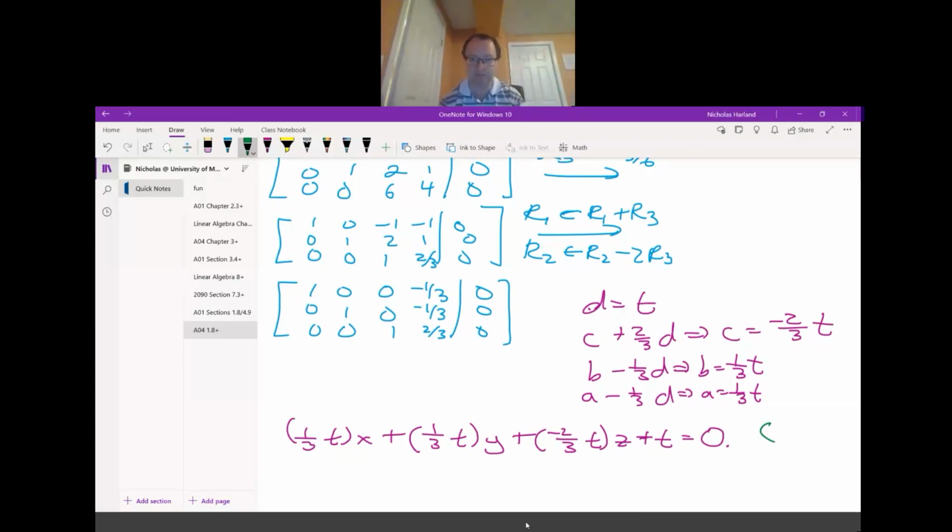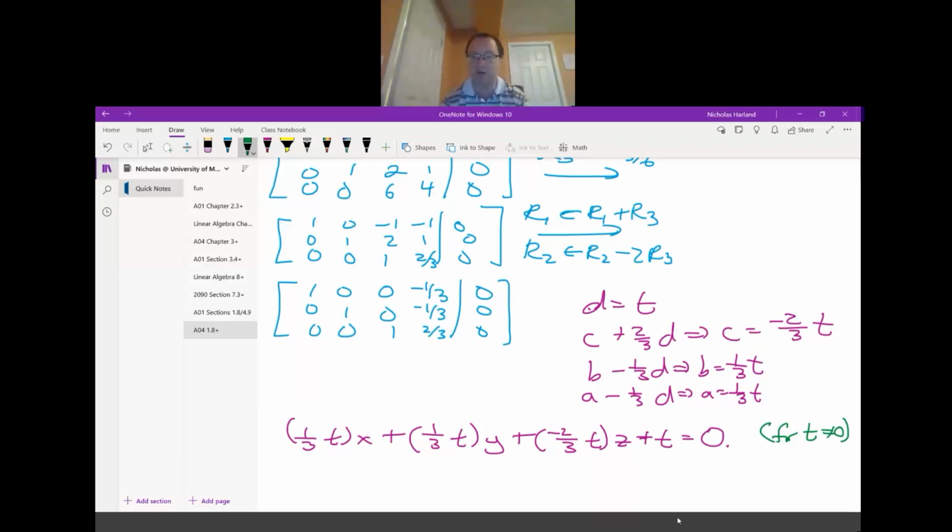So for T not equal to 0, this is fine. A, B, C, and D all being 0 certainly makes this true, but it's not the equation of a plane. It's 0 equals 0, which has every x, y, and z as a solution. So T equals 0 is not going to work here.